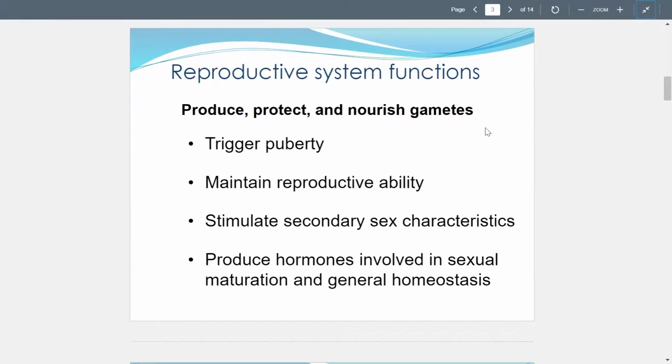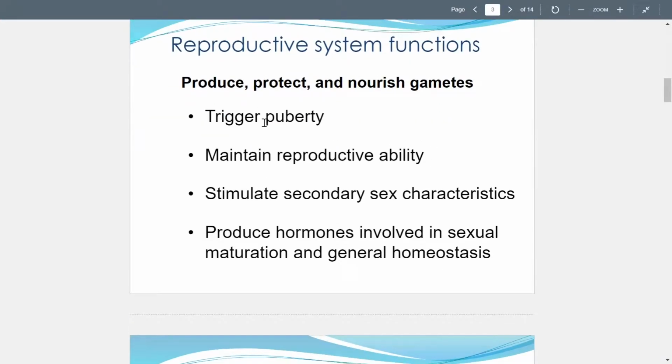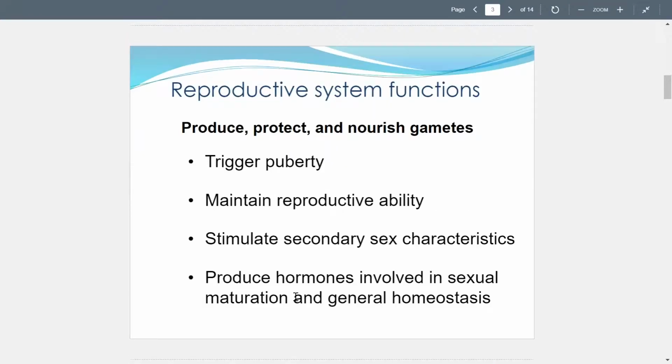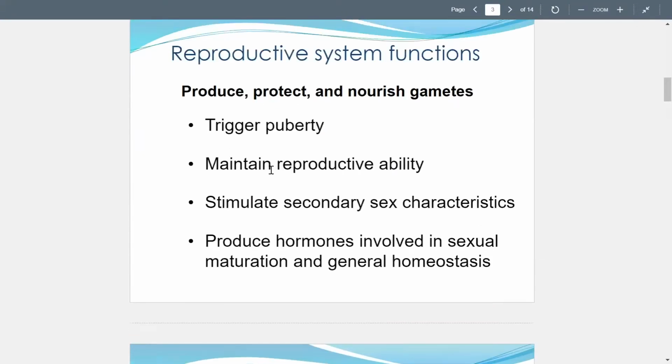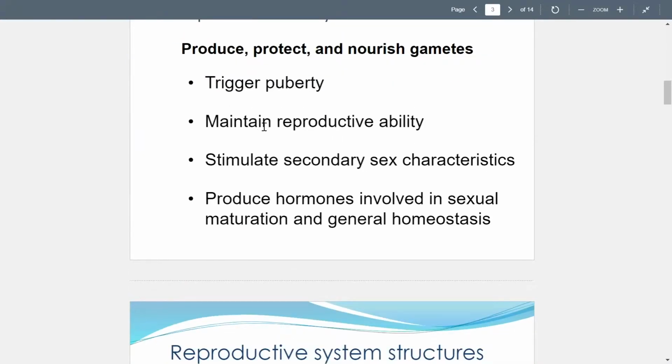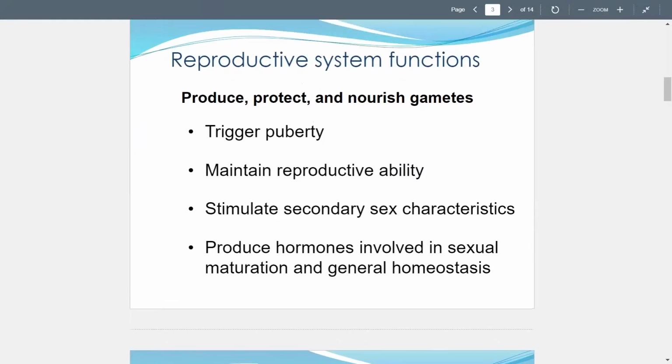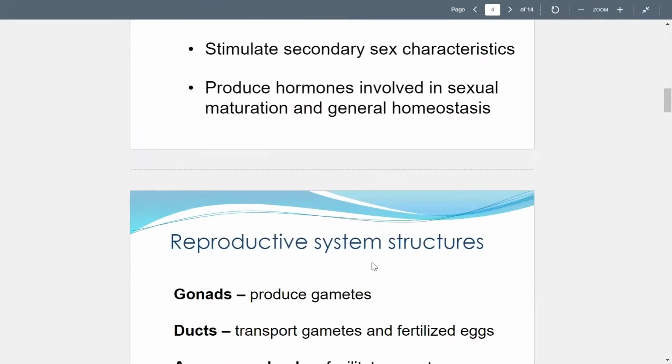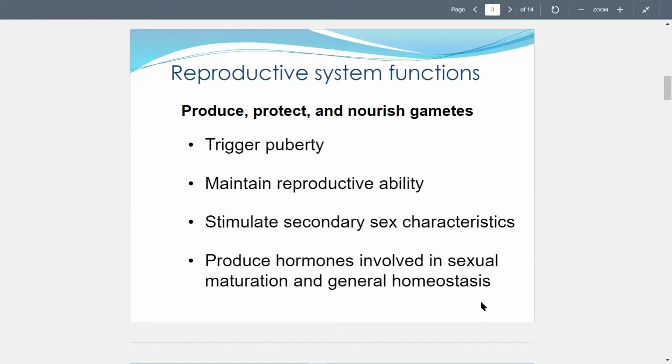Reproductive system functions: it produces, protects, and nourishes the gametes. There are also additional functions. Just know briefly what they are and how they're connected: trigger puberty, maintain reproductive ability, stimulate secondary sex characteristics, and produce hormones involved in sexual maturation and general homeostasis.